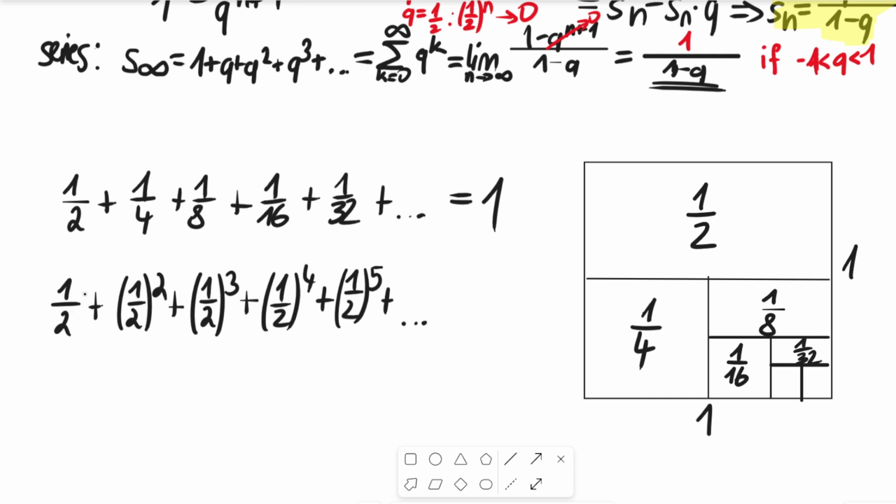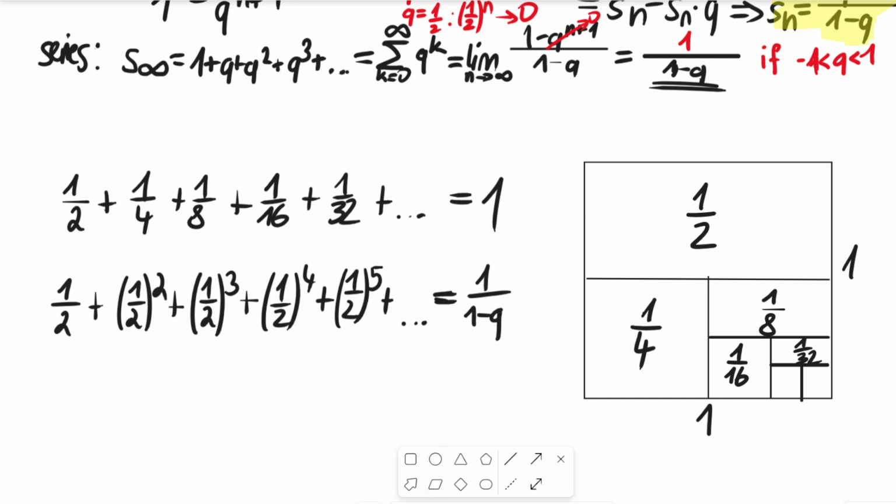So the first one is to the power of 1. So if you look to the formula above, this is the same as a geometric series. So you can simply write this is 1 divided by 1 minus q. This is what we have proven.